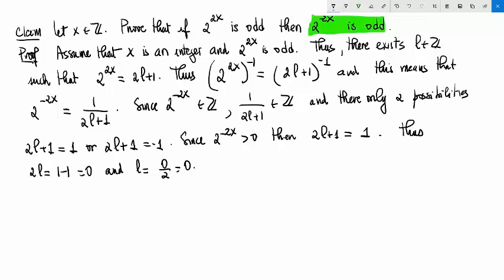So L must be equal to 0, and what does that mean? Therefore, the quantity 2 power negative 2x, which is 1 over 2L plus 1, must be equal to 1 over 0 plus 1, which is 1, which is clearly odd.